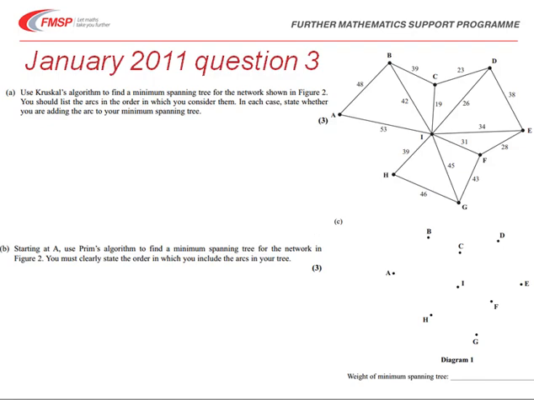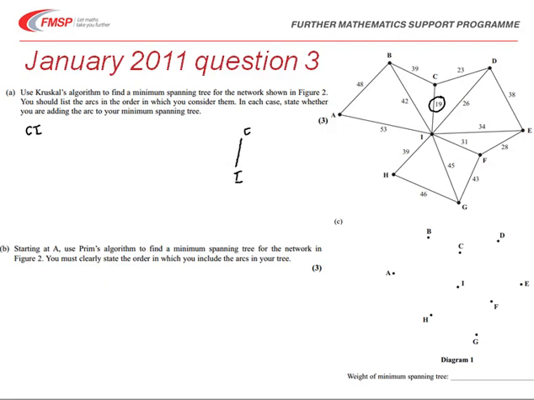Remember, with Kruskal's you find the arc of lowest weight. Now we can see that looking through that is CI. So the first one to consider is CI, and I'm just going to keep track of what my spanning tree looks like. So I will just mark a little diagram like this, CI.